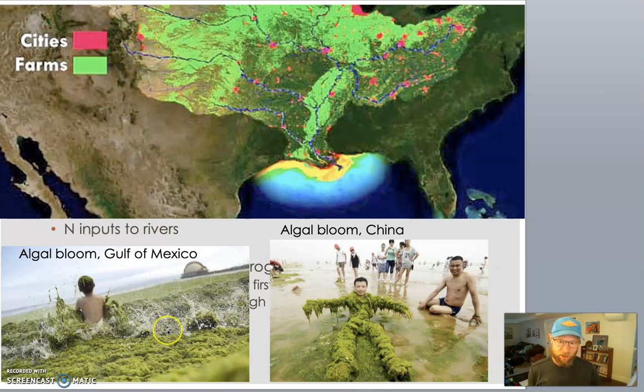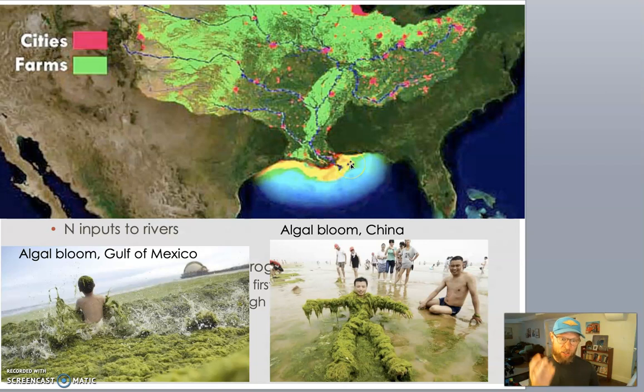These are a couple pictures from large algal blooms that have taken place. There's a similar situation in parts of China where they're seeing these large algal blooms. When the algae grow, it basically consumes all the oxygen in the water. And so actually what you're seeing in this map is oxygen concentrations being really low near where the Mississippi dumps into the Gulf, and then slowly getting higher and higher concentrations.